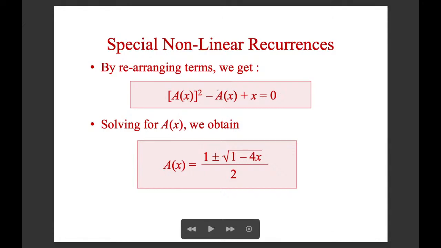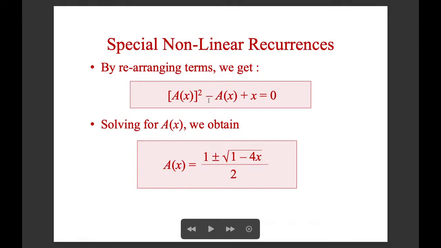Now, if we treat A(x) as a certain kind of object, we want to find out what kind of polynomial that A(x) should obey, such that we have this result. Let's use the algebra technique. Think of this as a certain object squared minus this object plus x is equal to 0. So we can use the quadratic formula to find out that this object is equal to 1 plus or minus the square root of 1 minus 4x, divided by 2.